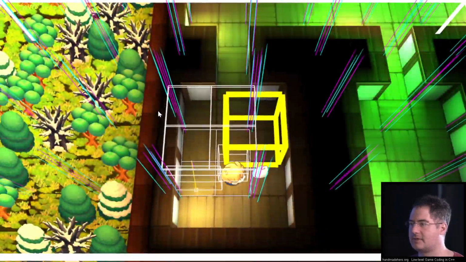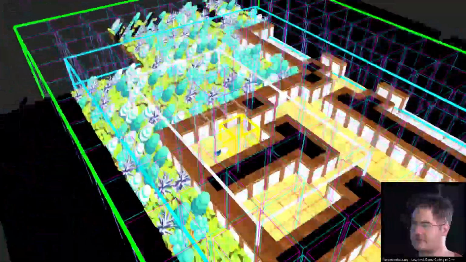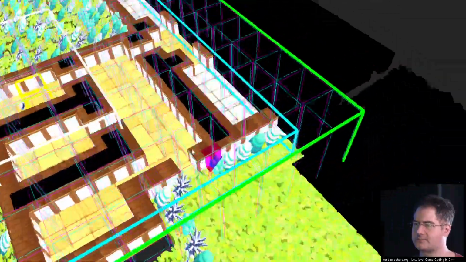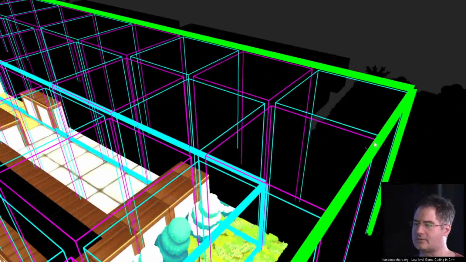Okay. So here are all of the grid cells, right? And you can see that it's just a two-dimensional array of grid cells. And what we're doing with the marching table is using it to find out where we are.